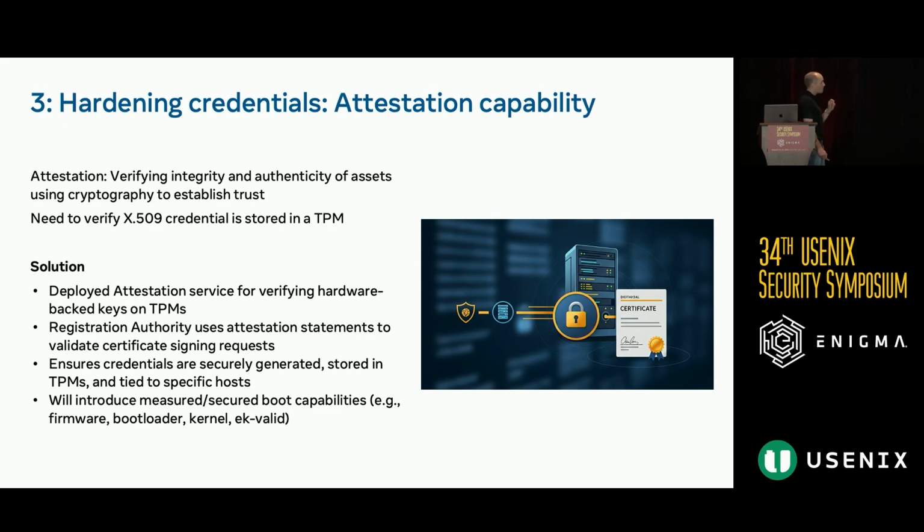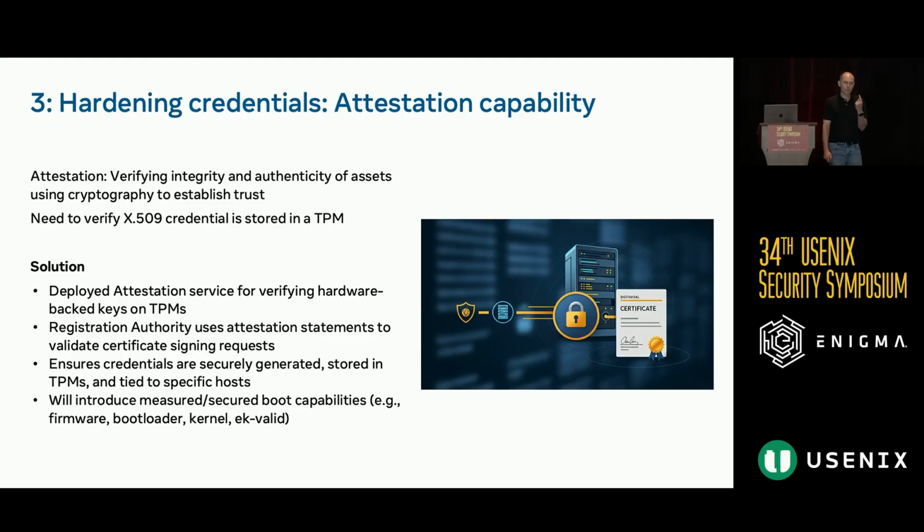Now, one thing I didn't mention on that slide was this attestation service. Attestation is an often overloaded term. You can roughly think of attestation as the ability to verify the integrity and authenticity of an asset using cryptography. It's a way to provide trust or prove trust. The attestation service in this case performs two main functions today.